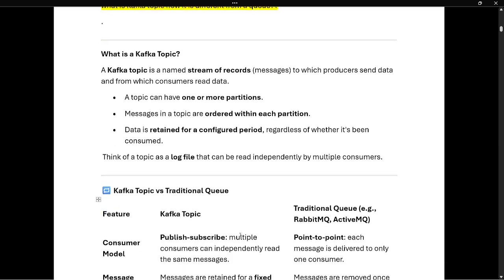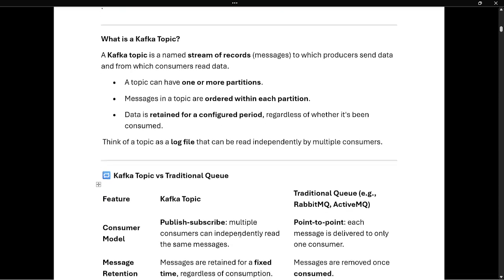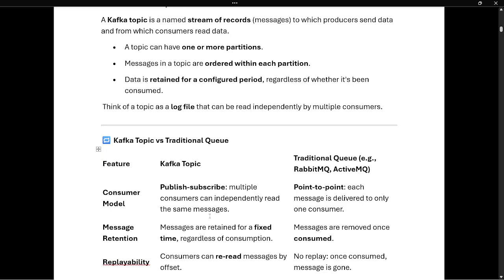Now we will see the difference between a traditional queue and a Kafka topic. In the consumer model, in Kafka's publish-subscribe style, multiple consumers can independently read the same message, but in a traditional queue each message is delivered to only one consumer, like RabbitMQ and ActiveMQ.